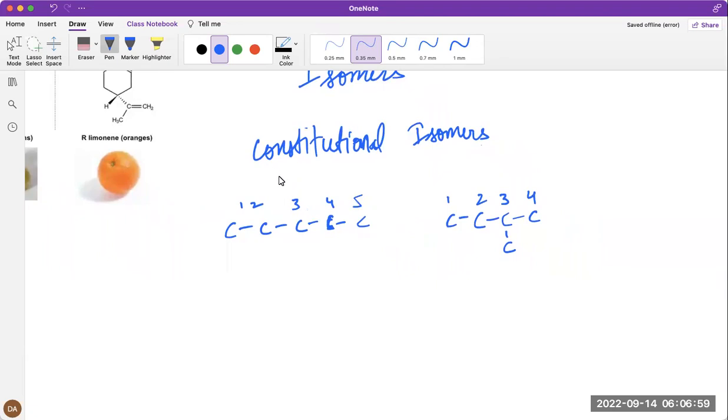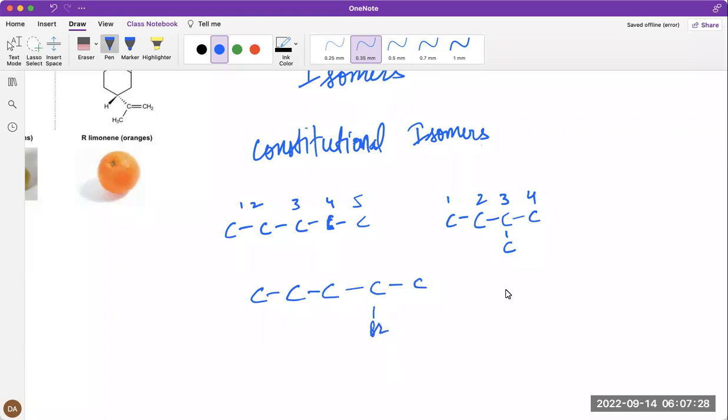In constitutional isomers, you will see that the attachment for the molecules will be a little different. The composition is still the same, but the way they're attached is different. For another example, let's say you've got carbons in a straight chain, and then a bromine sitting here.